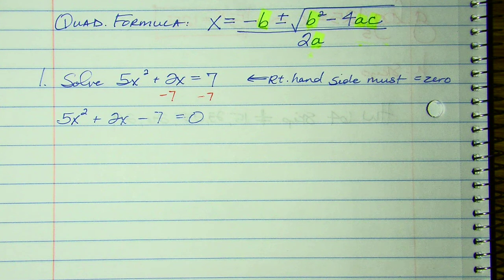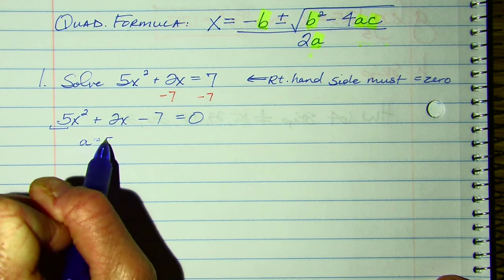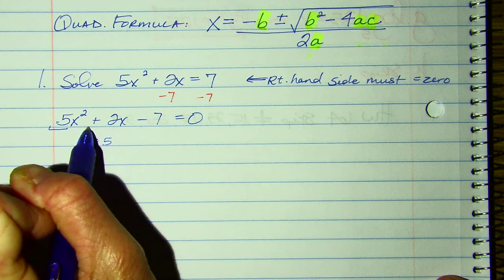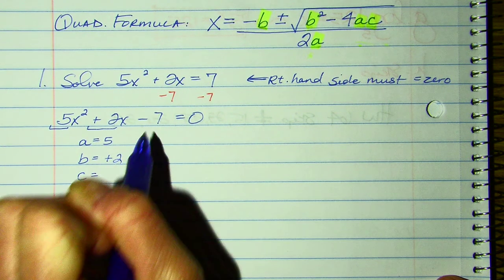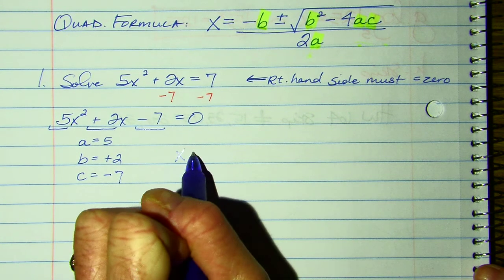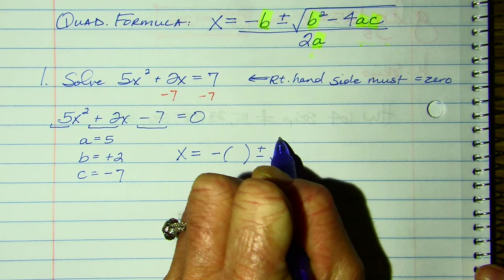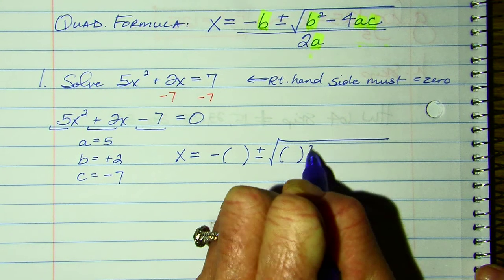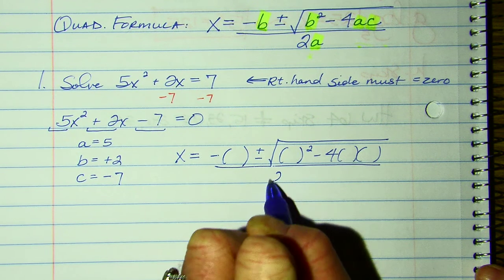As you can see, the first number here, that's a. So a equals 5. B, look at the sign in front. So that's a positive 2. And c equals a negative 7. So I'm going to plug that into my formula. I have x equals negative b plus or minus the square root of b squared minus 4ac, all over 2a.